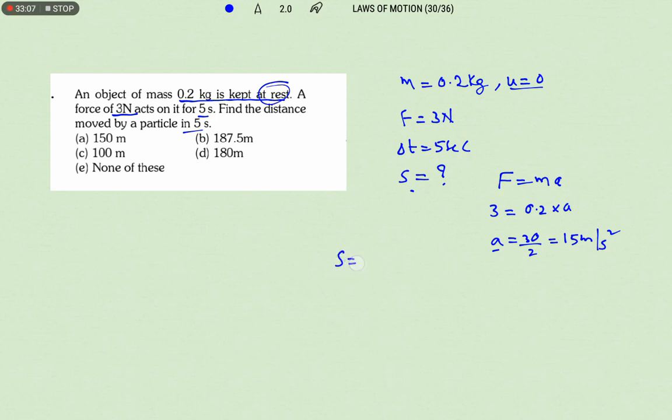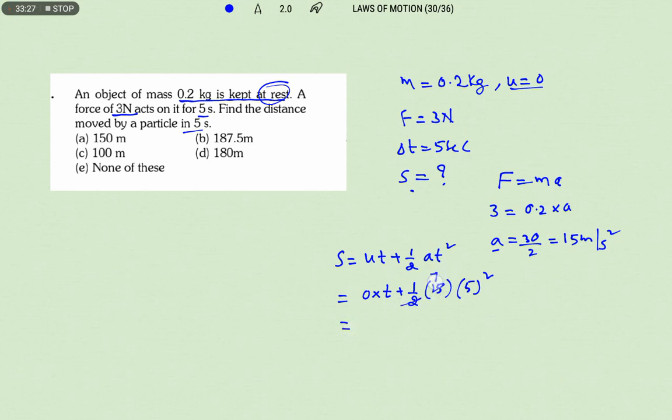Distance travelled, s is equal to ut plus half at square. What is u? 0 into t plus 1 by 2 into 15 into t square. What is t square? 5 square.